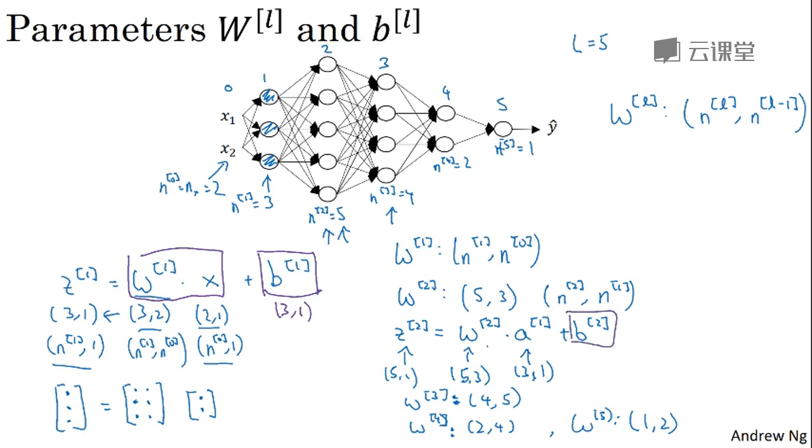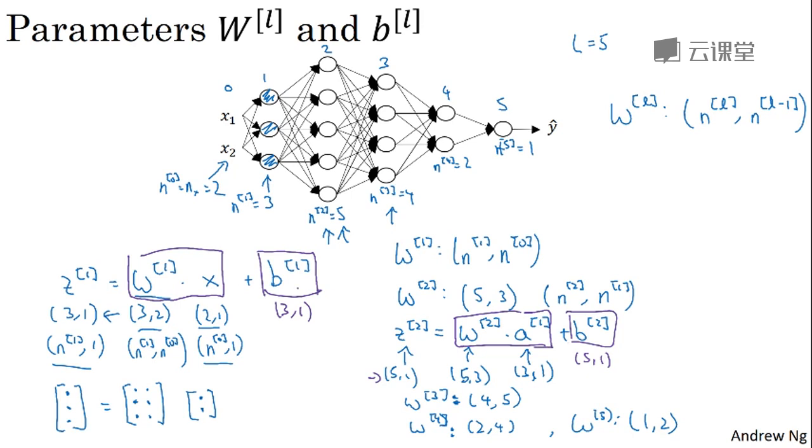Or in this example, you need to add this, which is going to be 5 by 1, so it's going to be another 5 by 1 vector in order for the sum of these two things that I have in the boxes to be itself a 5 by 1 vector.